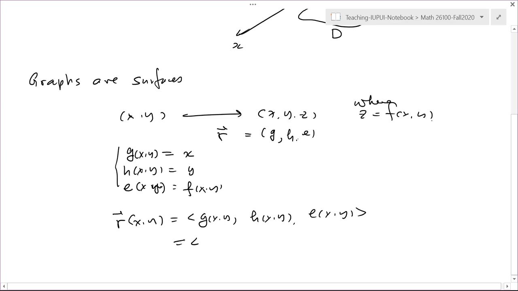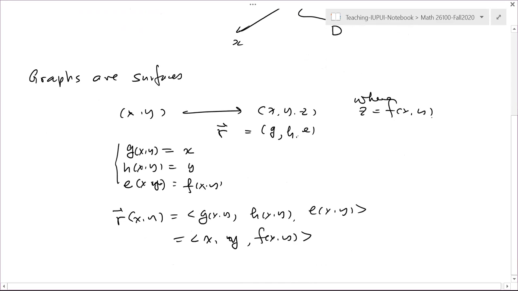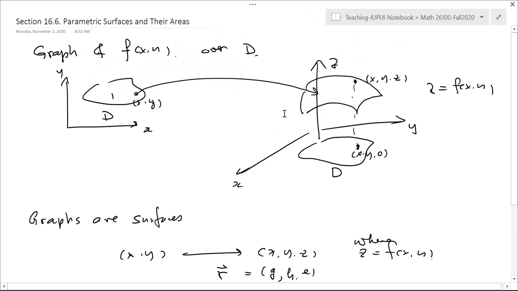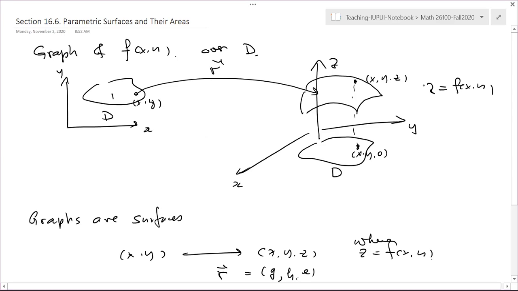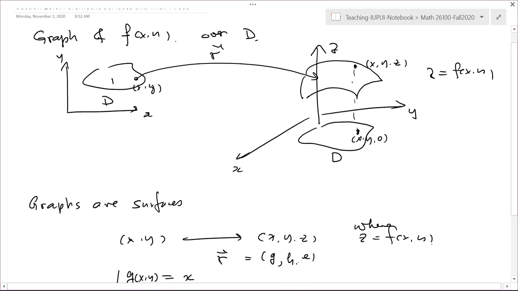Now in this particular case, it's just x, y, and f of x, y. If I don't want to introduce g, h, e, then I just use the vector function r. The image of the point x, y is going to be x, y, z, where z is f of x, y.